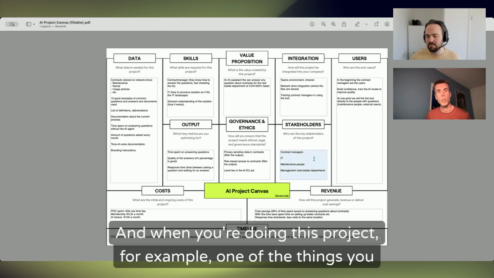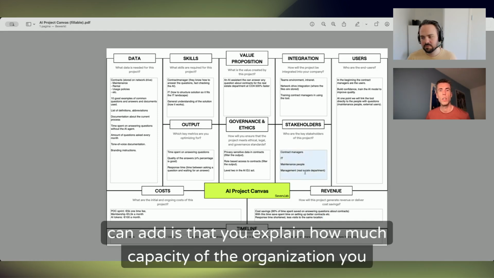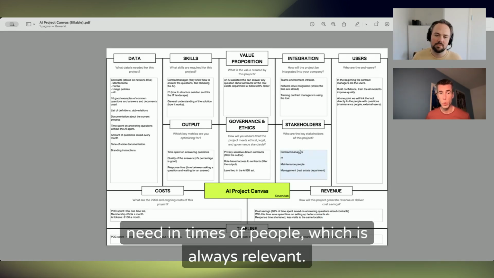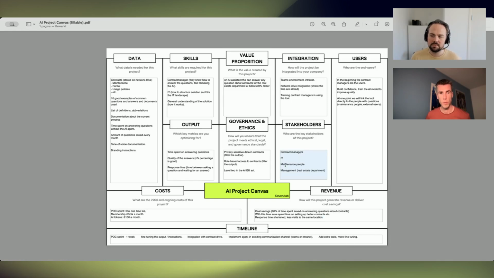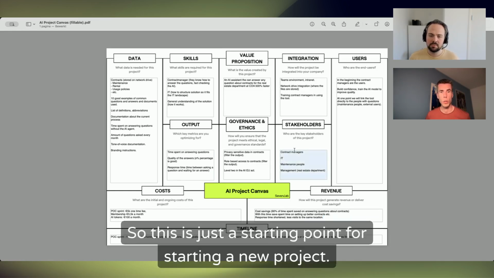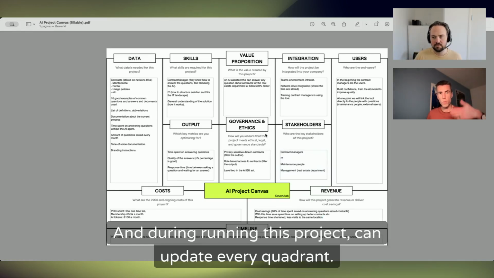And when you're doing this project, one of the things you can add is how much capacity of the organization you need in terms of people, which is always relevant. So this is just a starting point for starting a new project, and during running this project, you can update it.